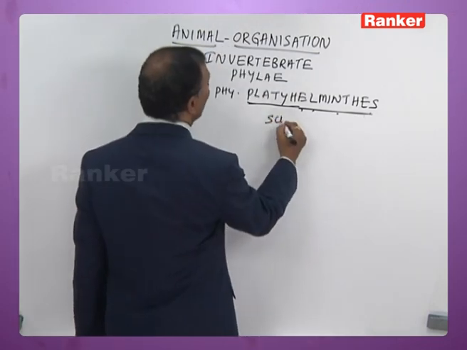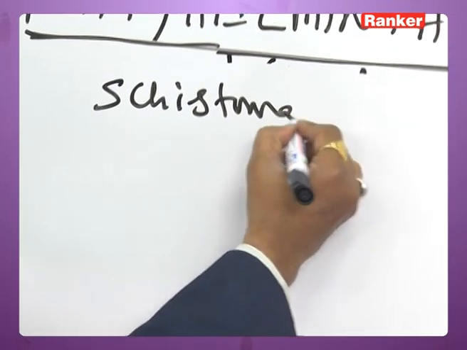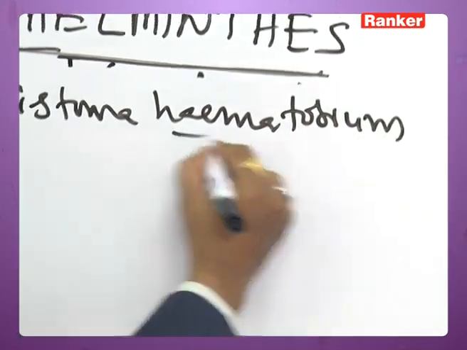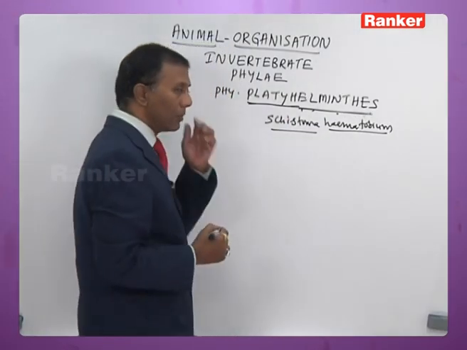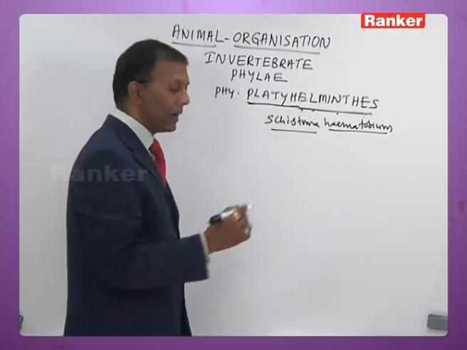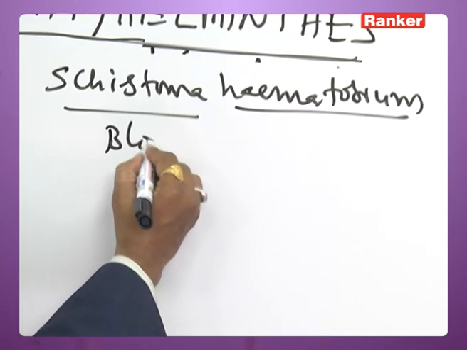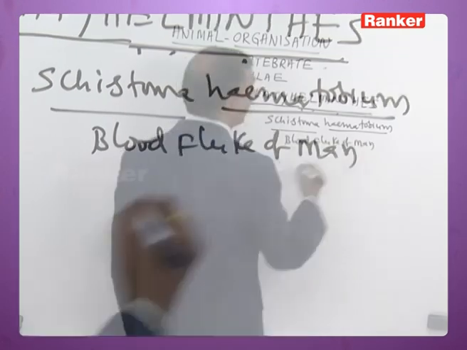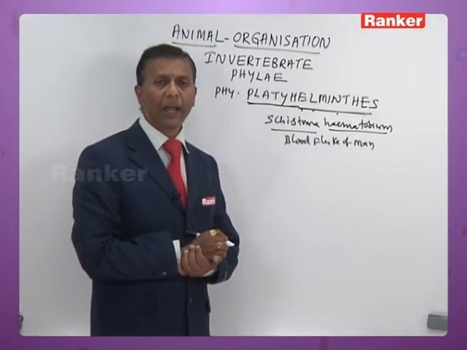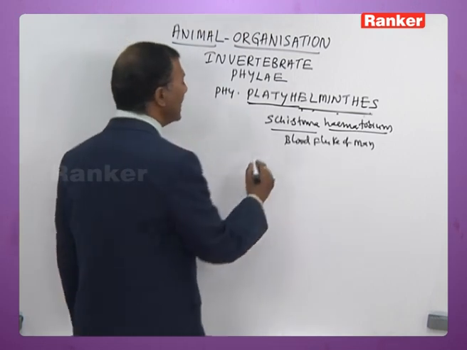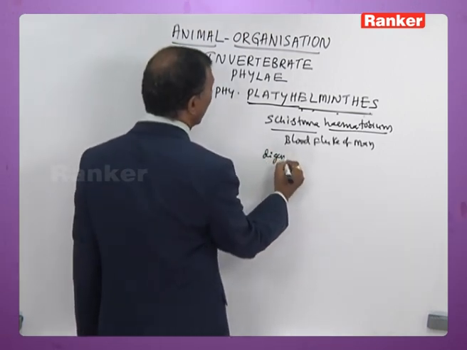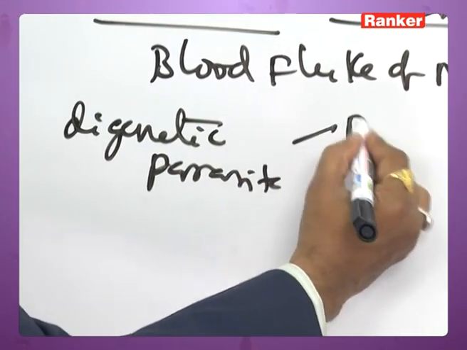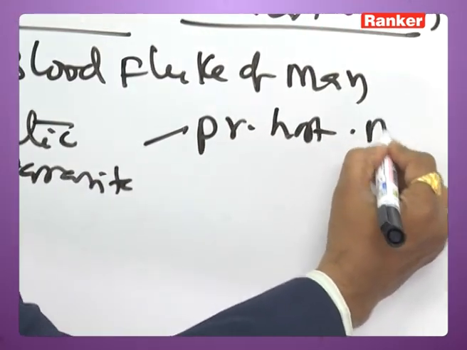Now the human parasites. First you have the most important example, Schistosoma haematobium. Schistosoma haematobium is commonly called blood fluke of man. It is a digenetic parasite with the primary host being man.